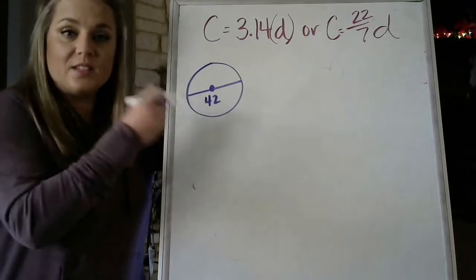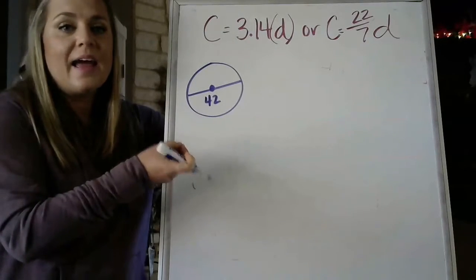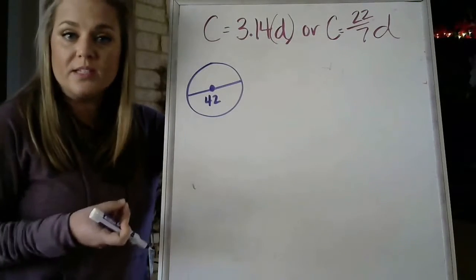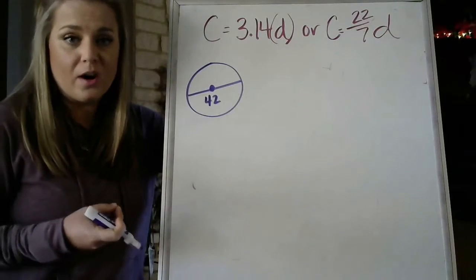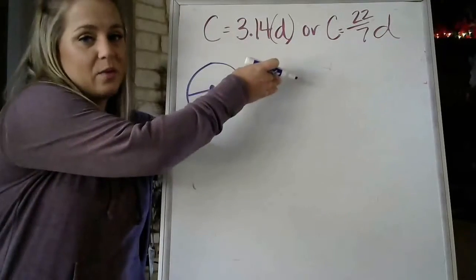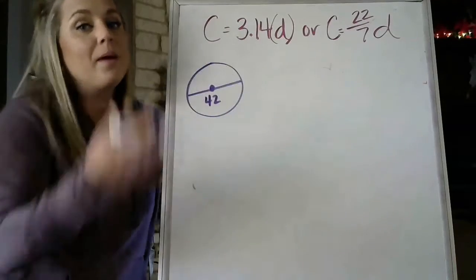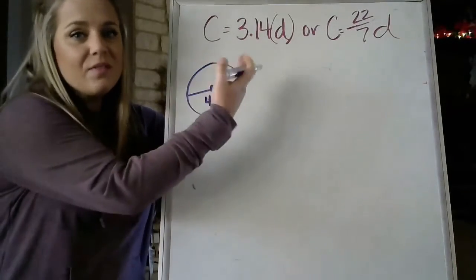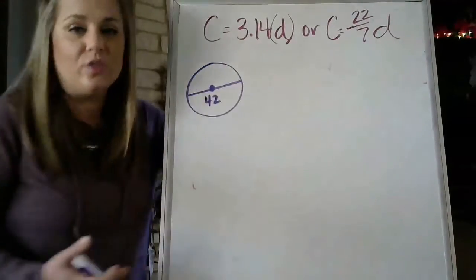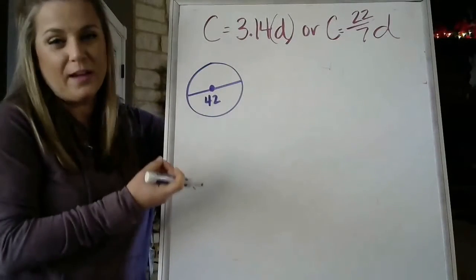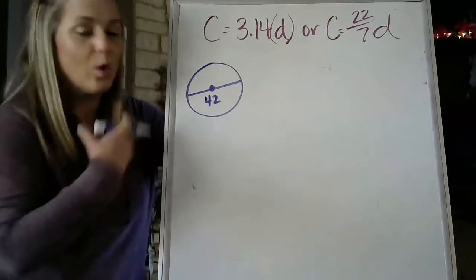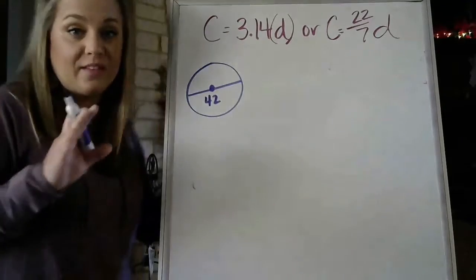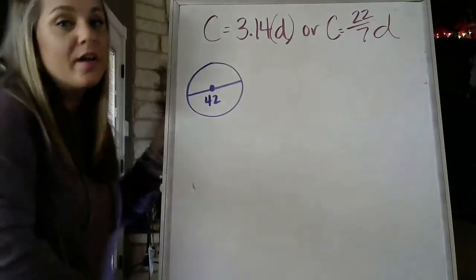I think this is why: we use pi as 3.14 or 22/7, but pi is an irrational number. They just round it right here to the nearest tenth. But in all honesty, this is an irrational number. It will never be perfect, okay? But we're going to go with it. I just want to throw that out there. That's something you're going to need to know for next year, for sure.